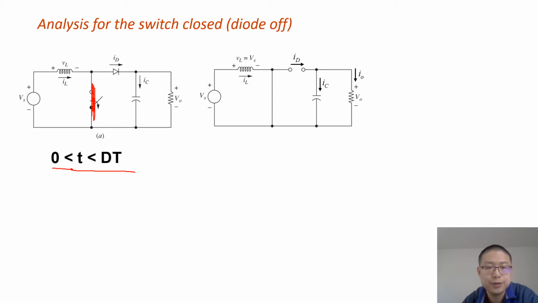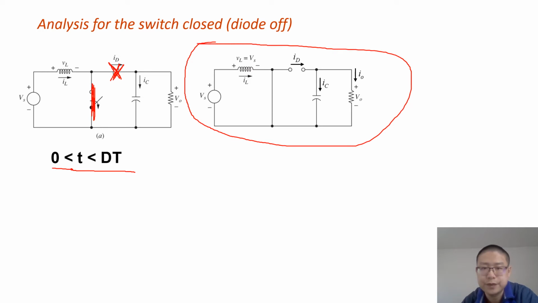And also in this scenario, there's a diode. The diode is reverse biased, so we treat the diode as open circuit. So we can easily obtain the equivalent circuit. The equivalent circuit is very simple, and question 1 and question 5 are based on this equivalent circuit.